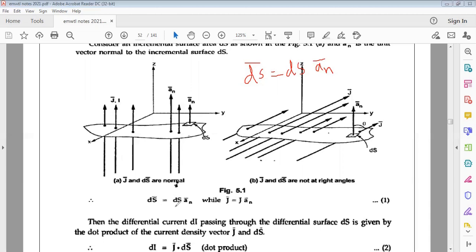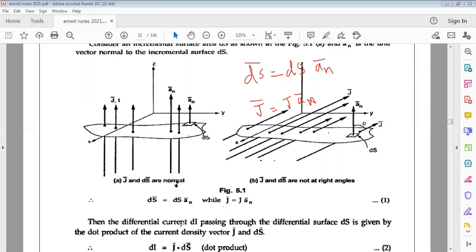So ds bar is equal to ds into an bar. Similarly, current density J bar is equal to J into an bar, where J is the magnitude and an bar is the direction of the vector J bar.